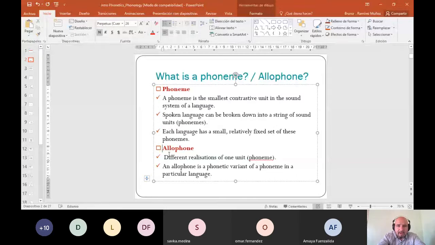Also, languages have a set of these phonemes, a set of sounds, right? You have a fixed set of sounds. You cannot add more sounds in a language. And when you speak, you actually put together a series of sounds. When you say, for example, this line, spoken language can be broken down into a string of sound units.